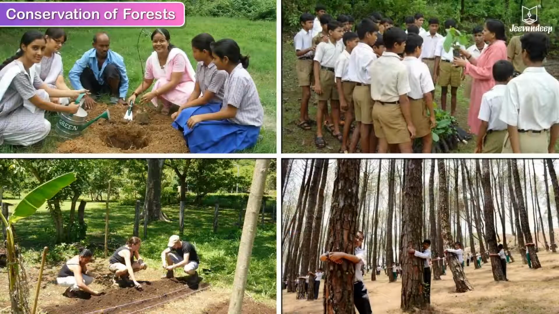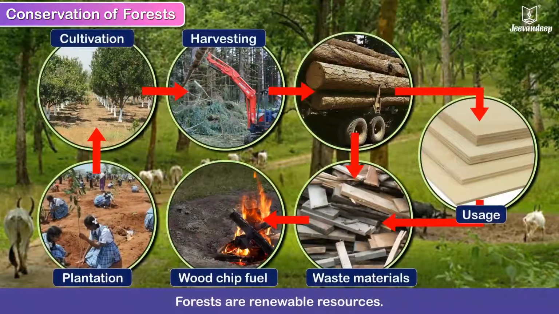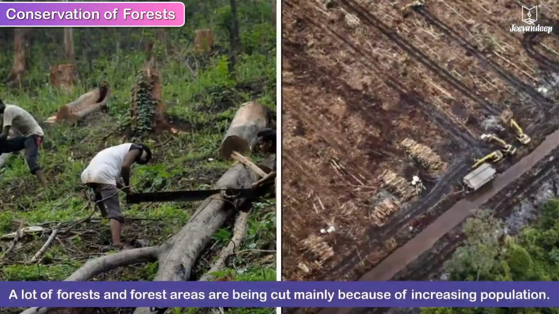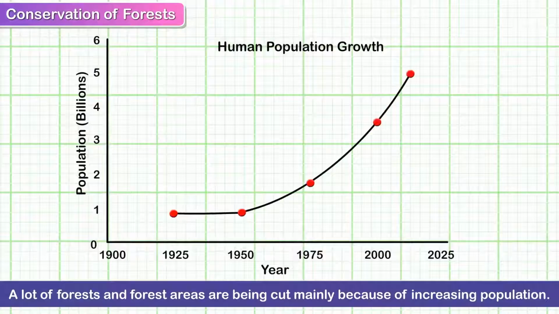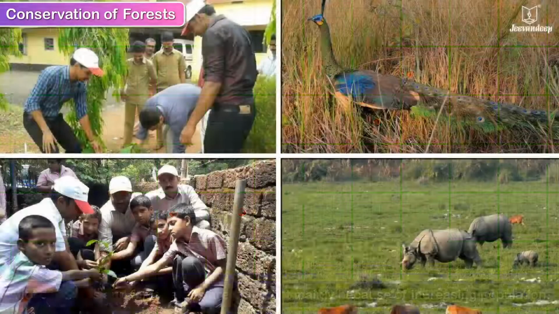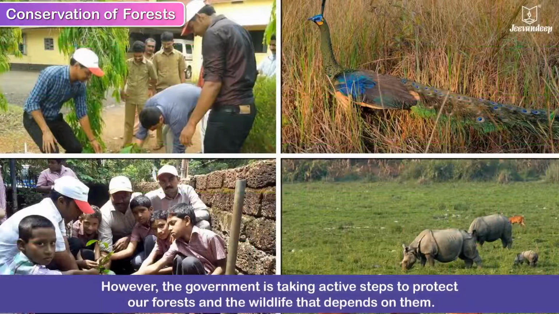Conservation of forests. Forests are renewable resources. A lot of forests and forest areas are being cut, mainly because of increasing population. However, the government is taking active steps to protect our forests and the wildlife that depends on them.